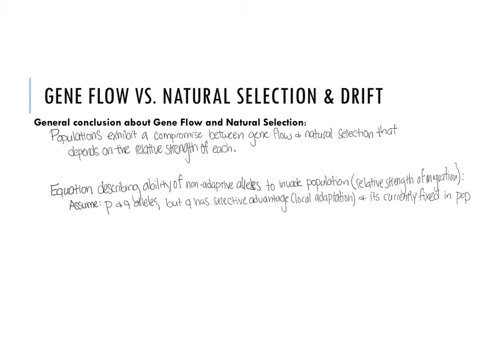So the frequency, here's the equation. Frequency of the Q allele is approximately equal to 1 minus the migration rate divided by the selection coefficient.